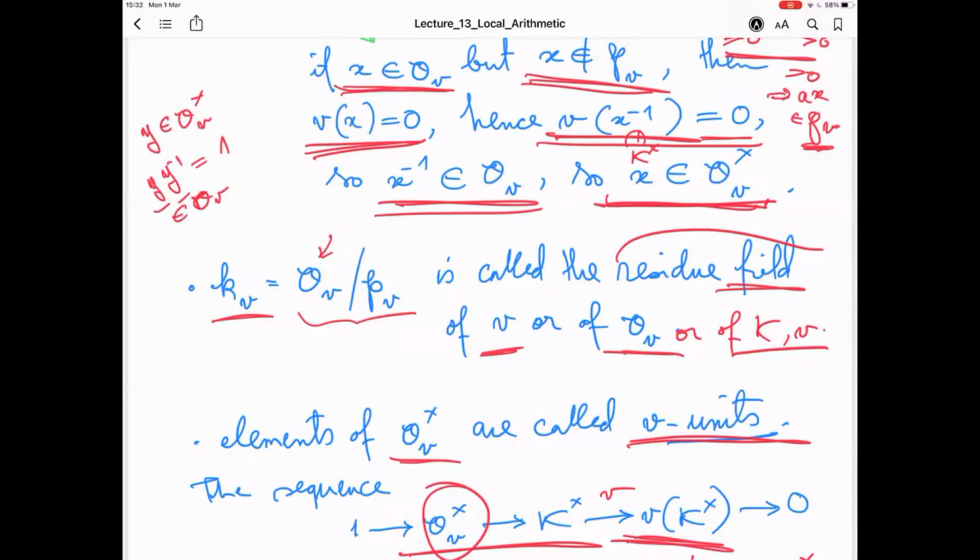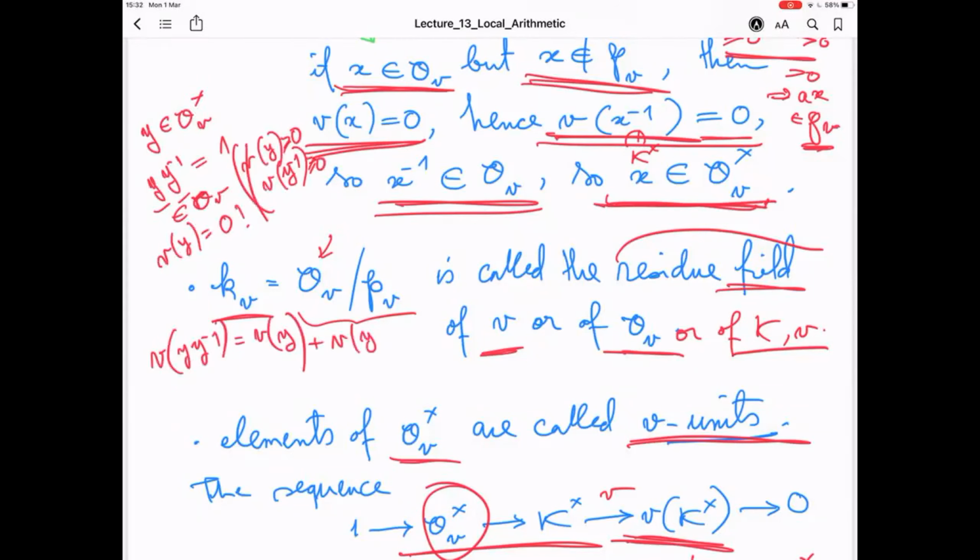And so what do I want to show? I want to show that V of y is equal to 0. That's true because V of y is at least positive. So is V of y inverse. And there are these two positive things whose sum is 0, because V of y times y inverse is V of y plus V of y inverse on the one hand, but y times y inverse is 1, and V of 1 is 0.